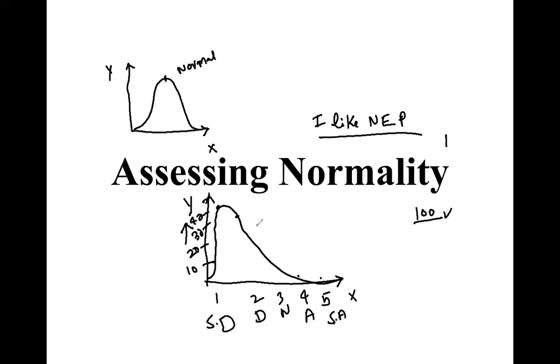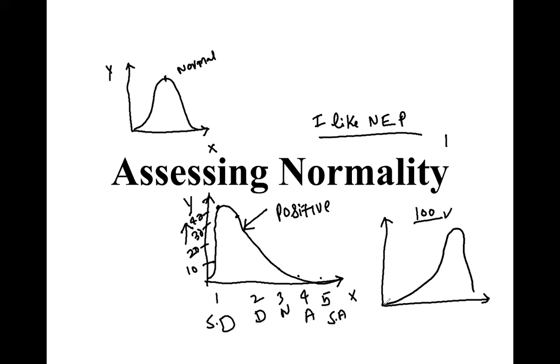The curve would look like this. When the distribution of data is on the lower side, this type of graph is known as positive skewness. If most people give their opinion on the right side, meaning they agree, then the graph may be on this side, and your data has negative skewness.